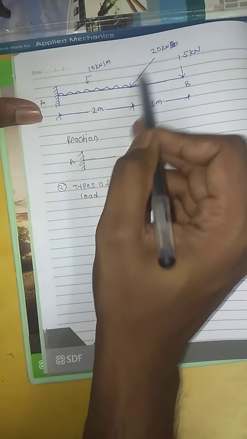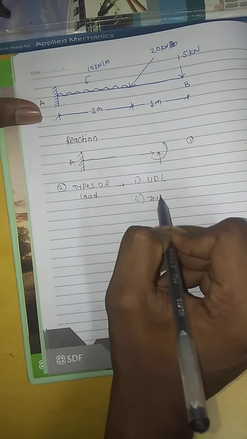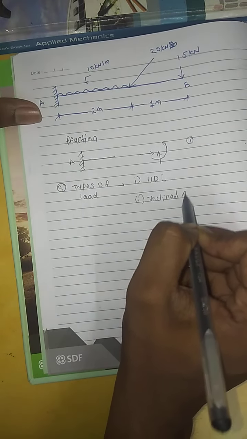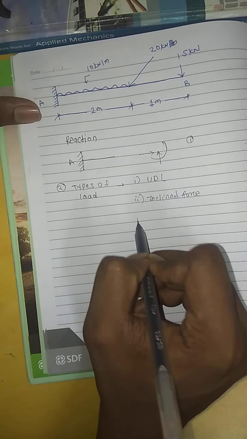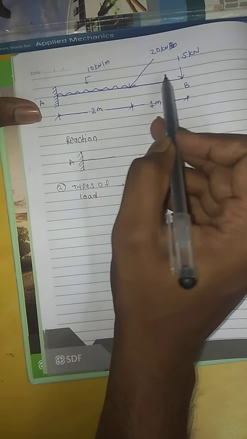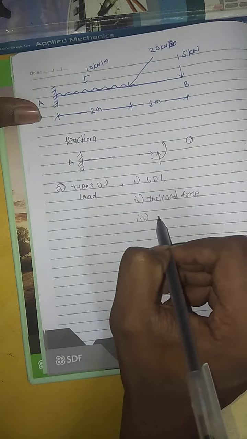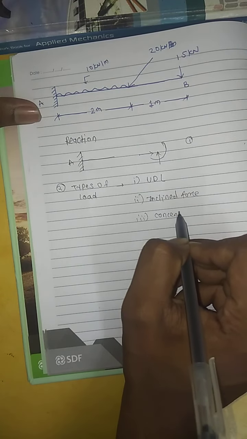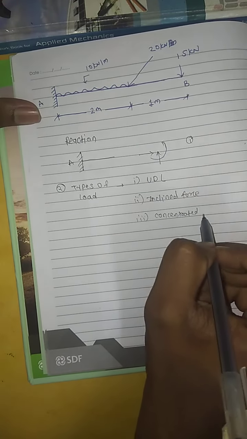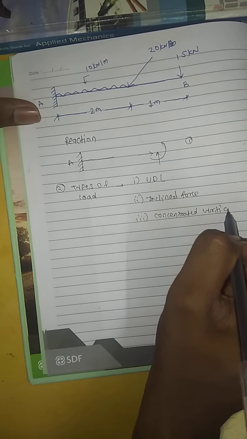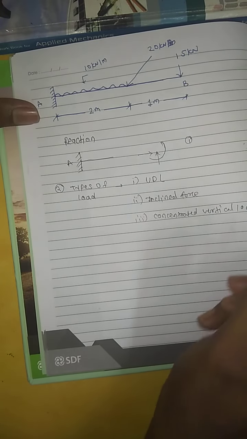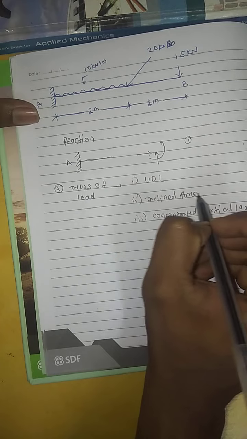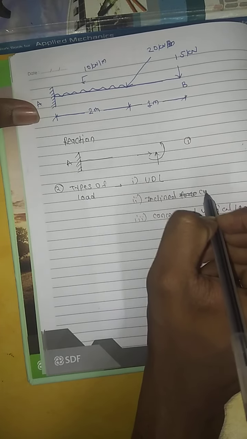Then second is the inclined force or load, you can say. And third one is the concentrated vertical load. Here you can say inclined concentrated load also.